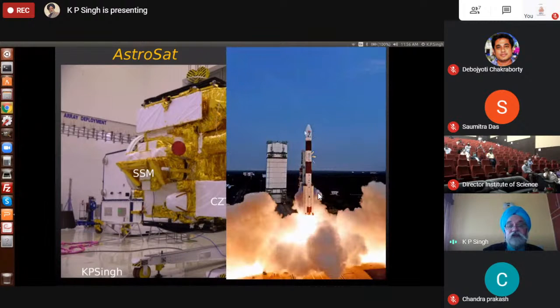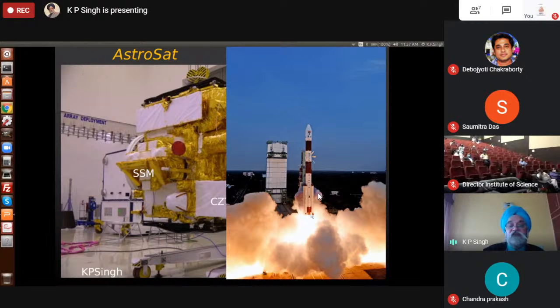And this fits in this part of the rocket. Okay. So it's pretty big. It's a 1.5 ton satellite with large dimensions, about 2 meters by 2 meters, 2.2 by 2.2 meters, and so on. And all the subsystems are built in ISRO.